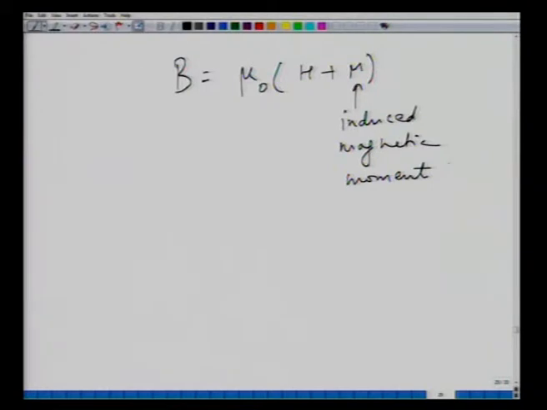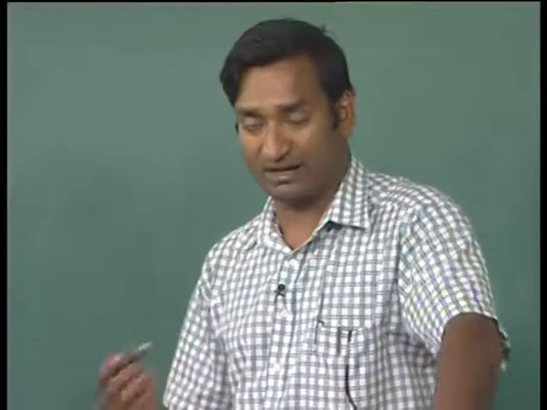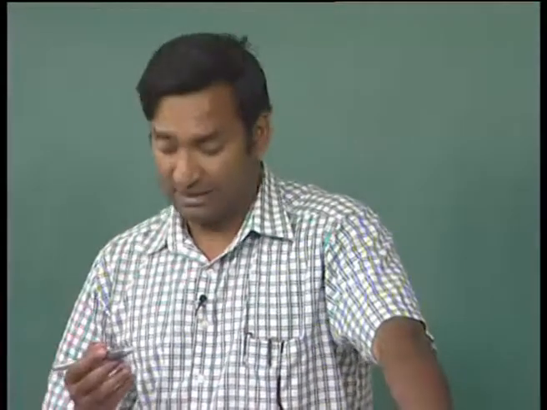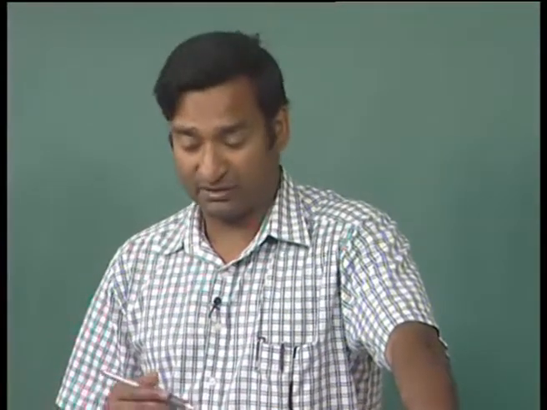This m can be positive or negative, and the quantity which characterizes the sign of m is susceptibility, which is nothing but m by h. This susceptibility is a similar quantity to dielectric susceptibility, in the sense that it gives a measure of the magnetic response of the material.